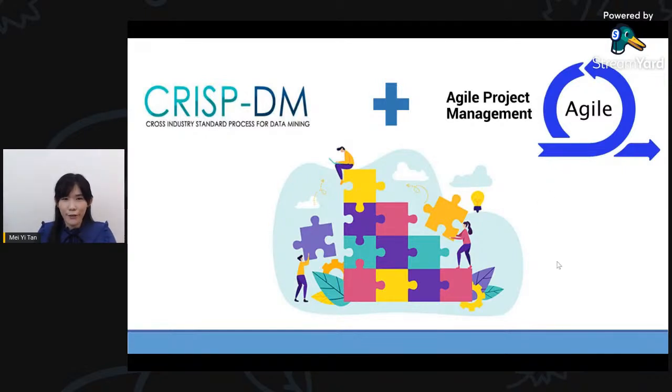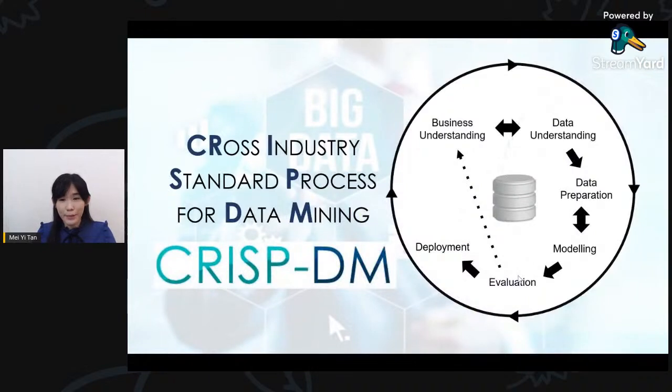Before we look at how these two are combined and applied to our data analytics projects, we will first look into CRISP-DM, which is for all data science and data analytics projects. You can see that it is a cycle that consists of 6 phases.